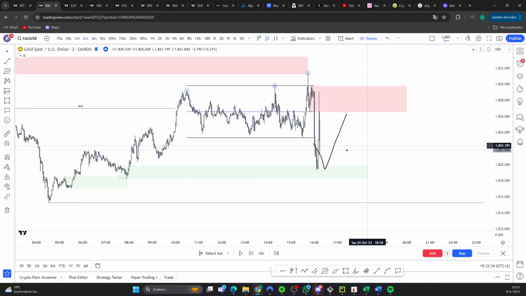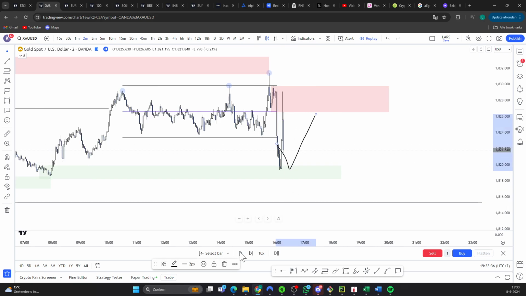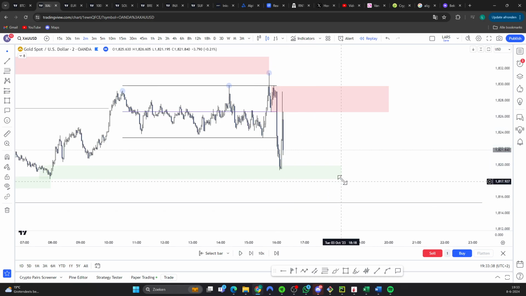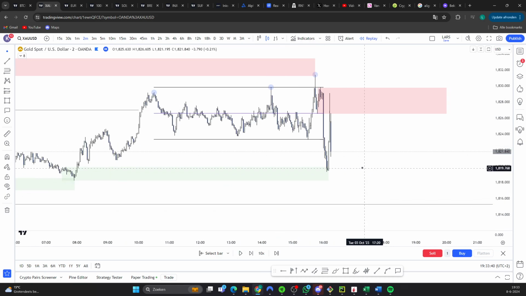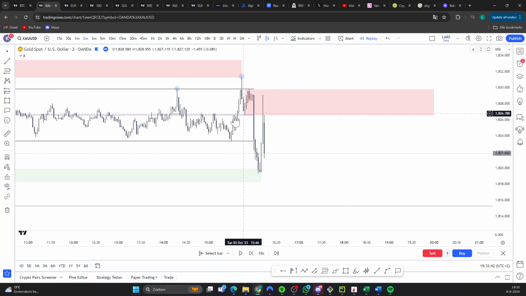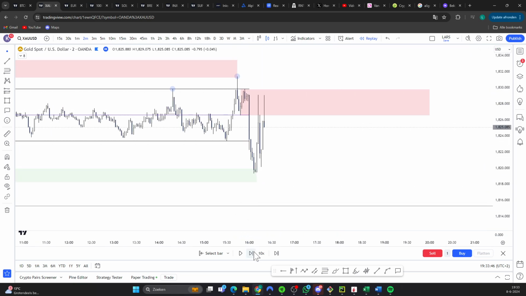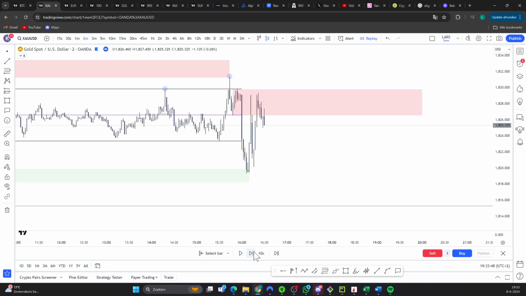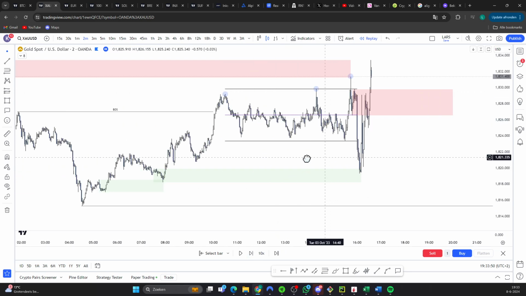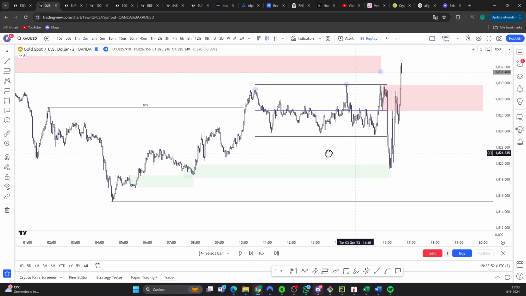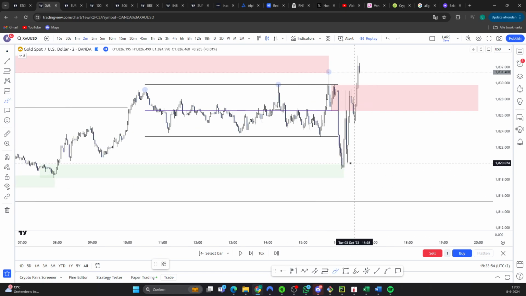Oh, whoa. Okay, well, we got the bounce. We got the bounce. And we got the rejection. And higher we went. Oh, that was unexpected. There was no confirmation in here. Again, no confirmation in there. Did we break structure?